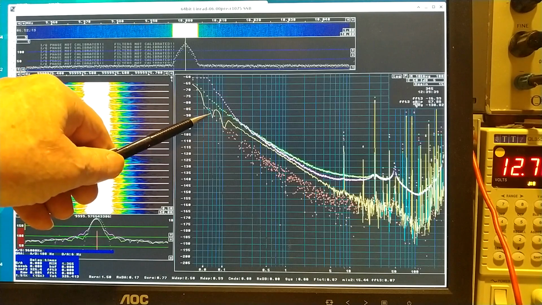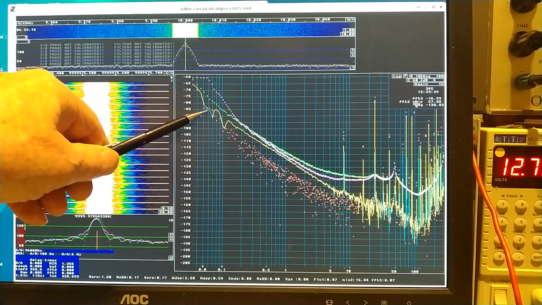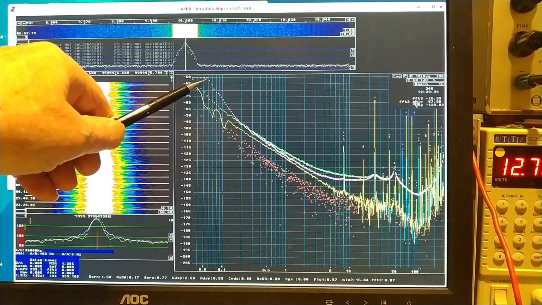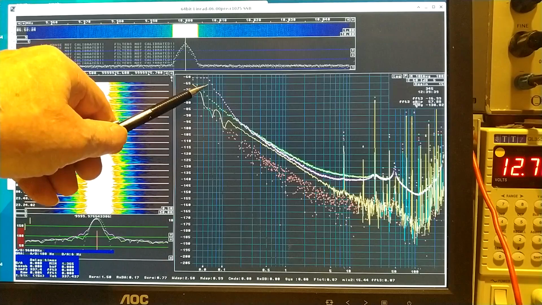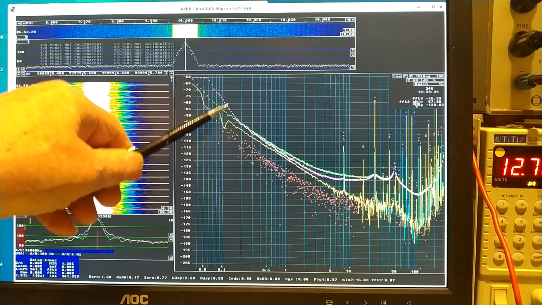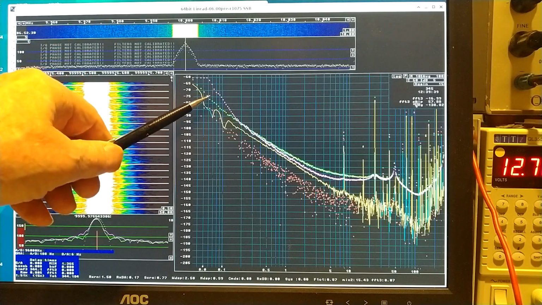Here it's even negative, and these readings here are far below the noise of channel 2, so they need a lot of statistics to become reliable.